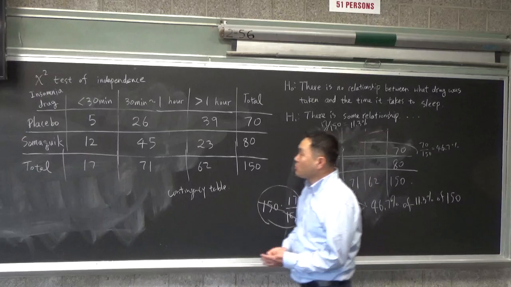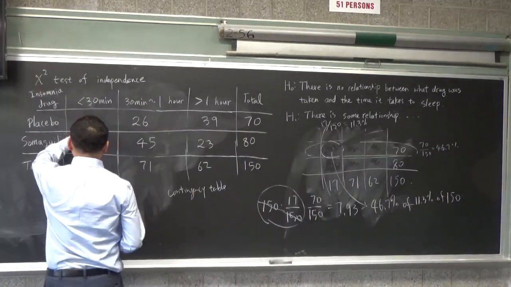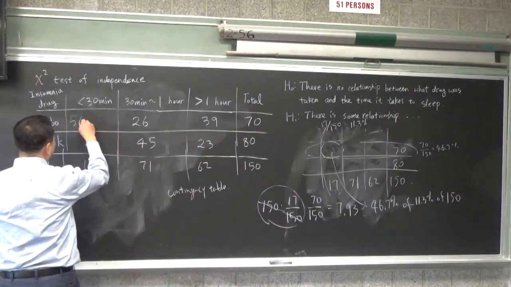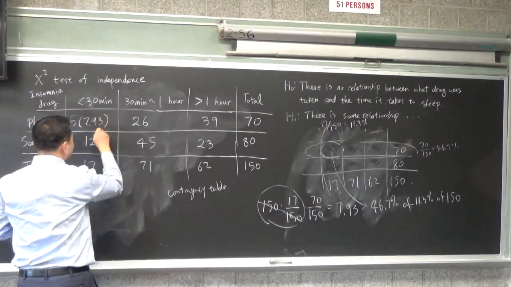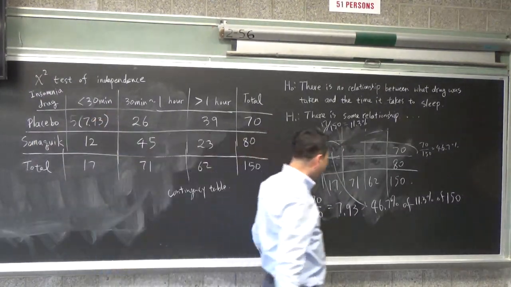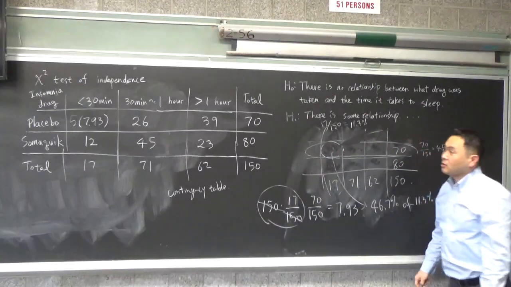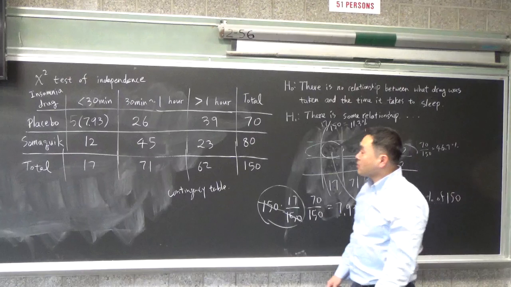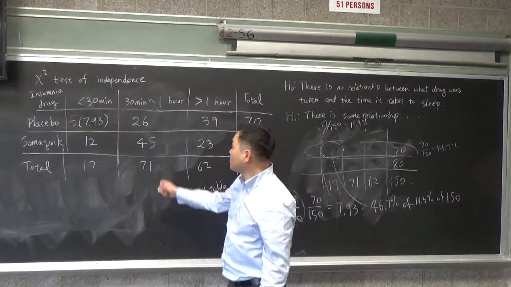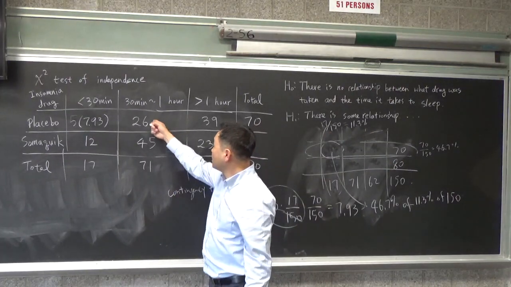So what's usually done is you would write down the numbers, 7.93, in a parenthesis, just to be able to compute what should be there, okay? All right, so I'll give you some time to think about what to put right here.